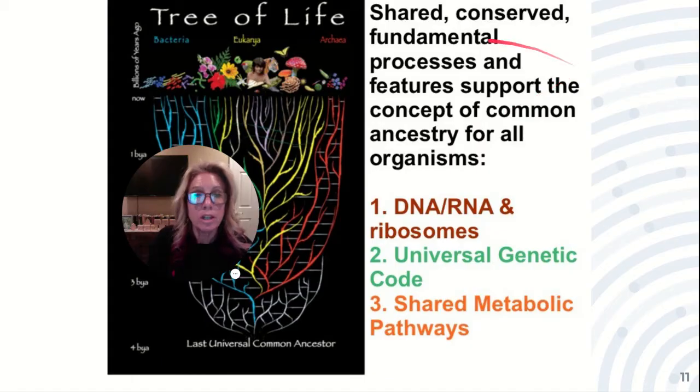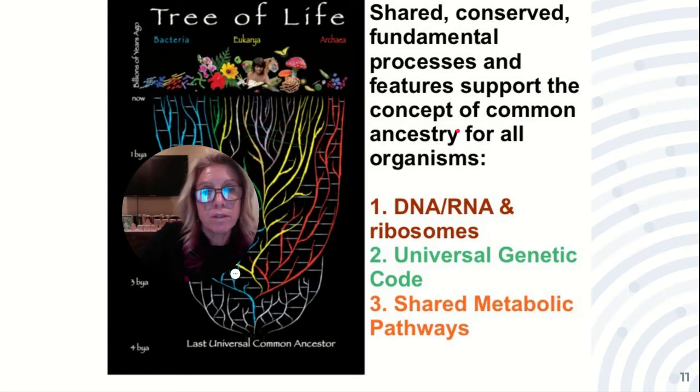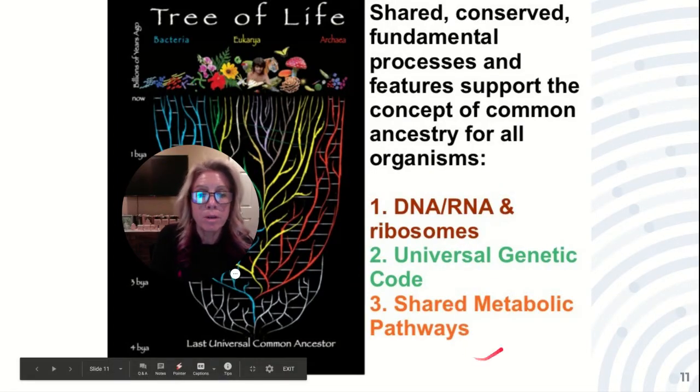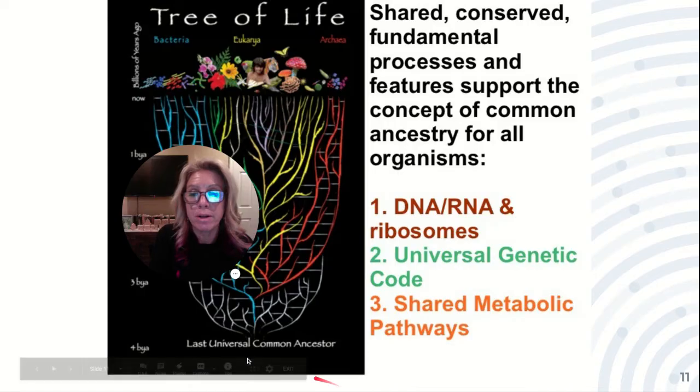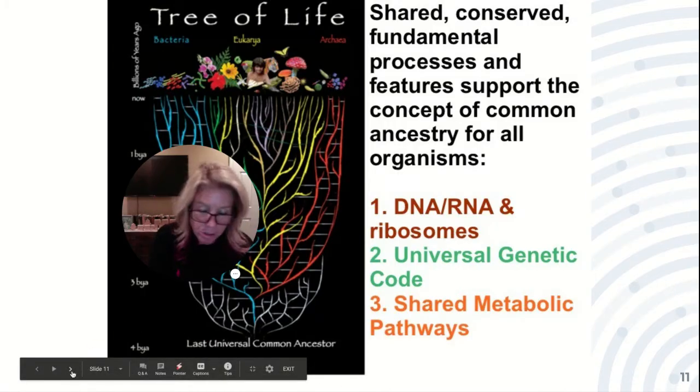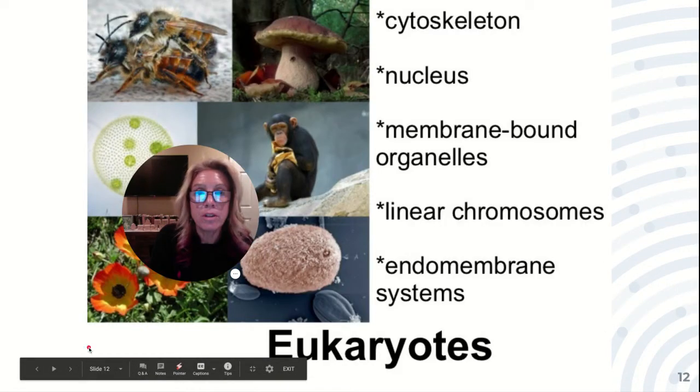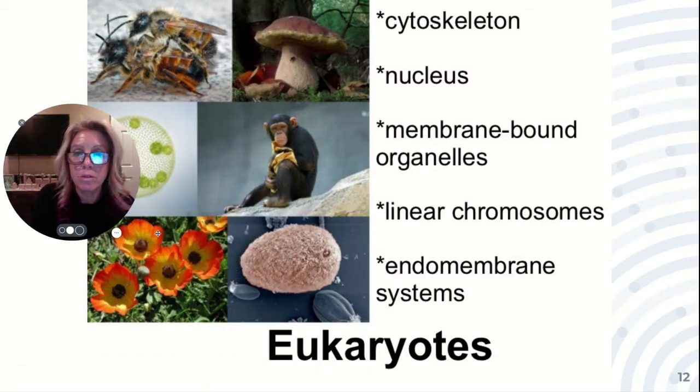So here, shared conserved fundamental processes and features support the concept of common ancestry for all organisms. What are those shared processes? DNA and RNA and ribosomes, the universal genetic code, and shared metabolic pathways, as well as signal transduction pathways. Now, in eukaryotes, we have some similarities as well, right?